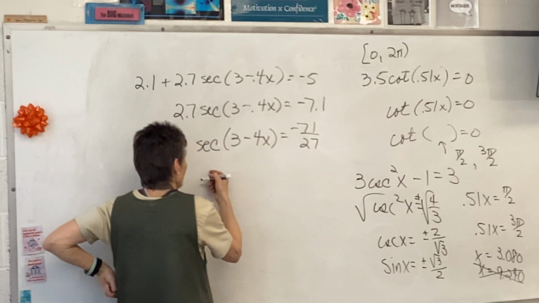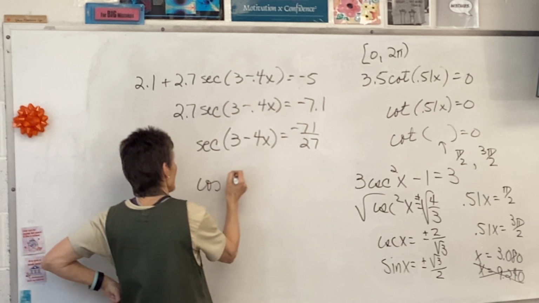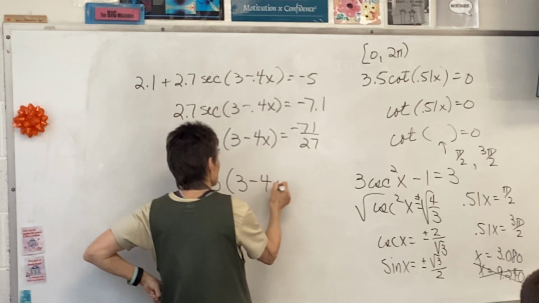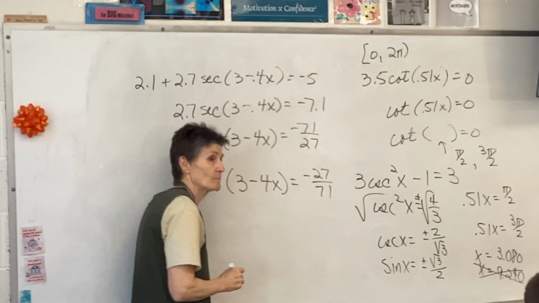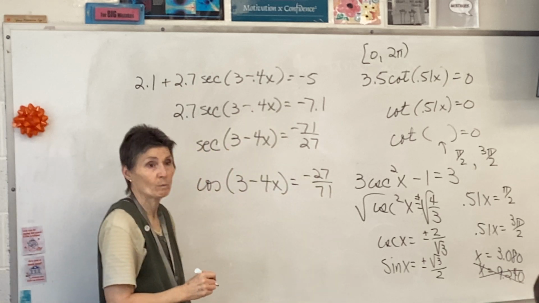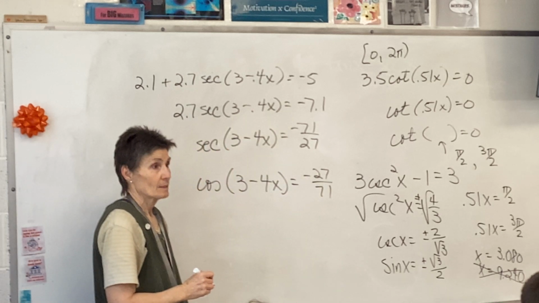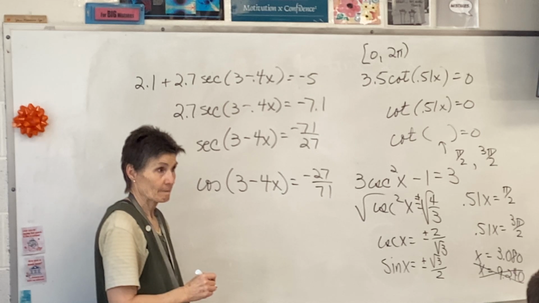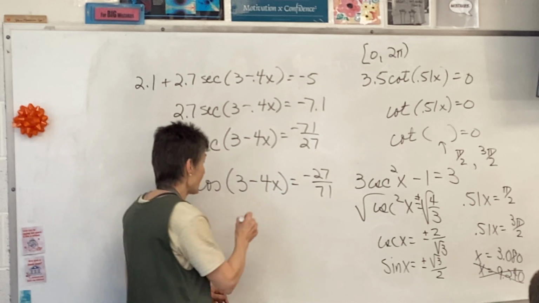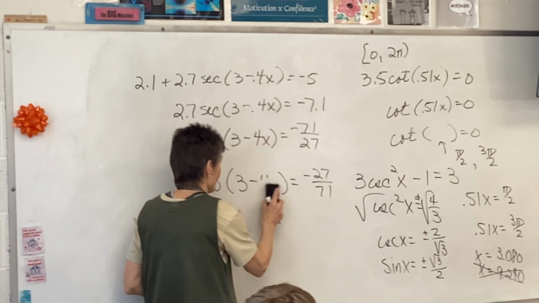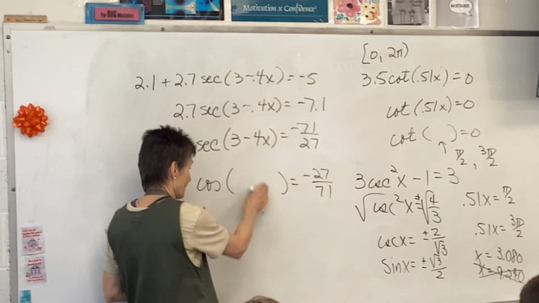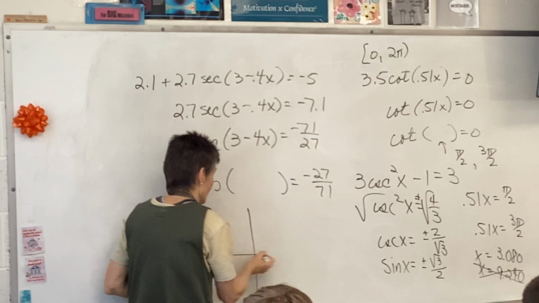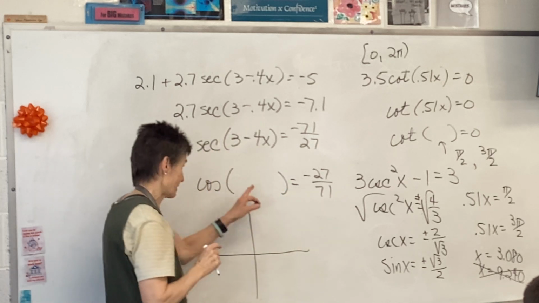Now, I don't deal well with secant, so I'm going to say the cosine of this angle is negative 27 over 71, or 2.7 over 7.1. Is that okay? So again, don't let this part bother you right now. The cosine of something is that number. Where will the something be?